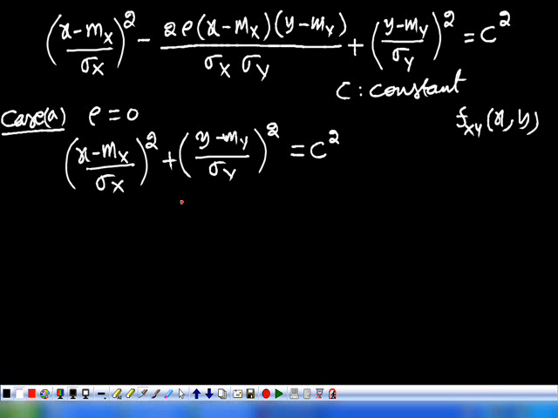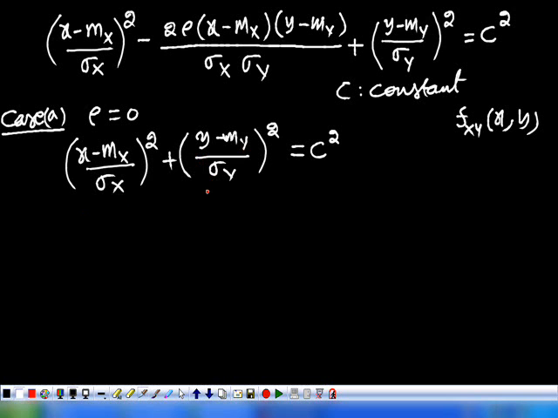A circle. How will it be a circle? See, this is the equation of an ellipse centered at mx and my. So this is an equation of an ellipse centered at mx, my with the maximum and minimum radii depending on the sigma x and sigma y values.